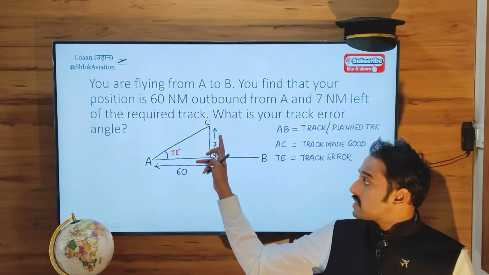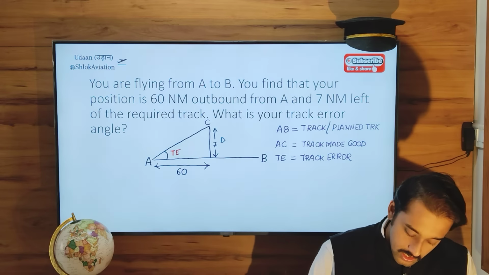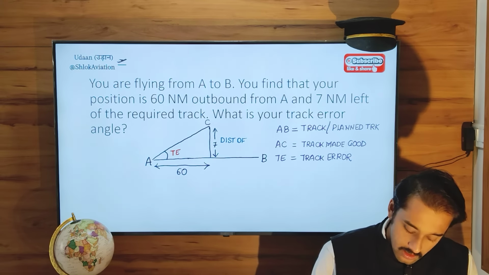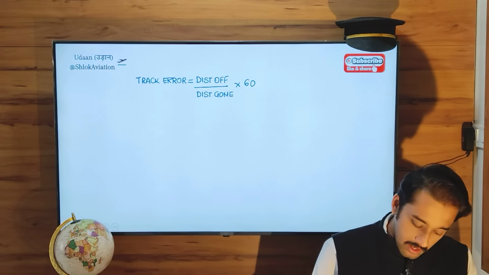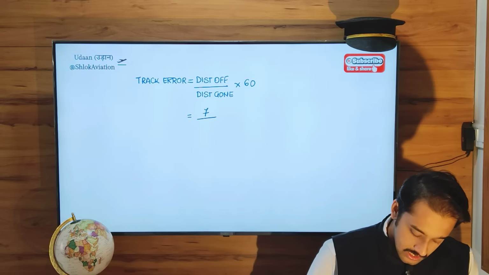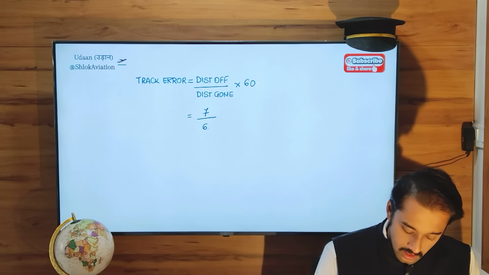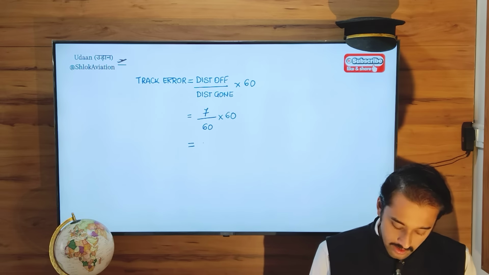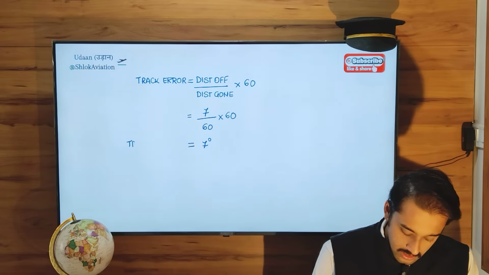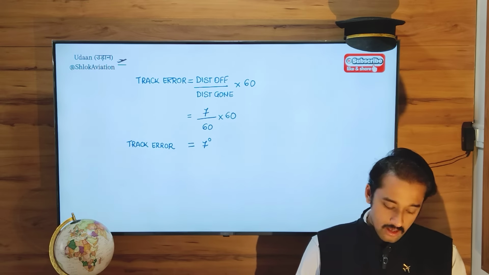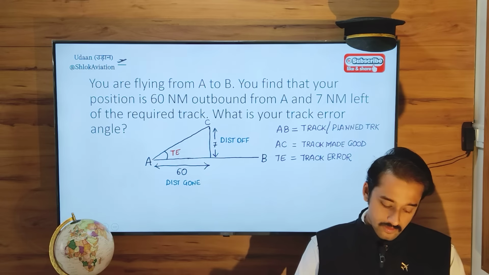This is your distance of track, which is 7 nautical miles, divided by distance gone, which is 60 nautical miles, into 60. So 7 into 60 divided by 60 is 7 degrees. So track error is 7 degrees. This is how you do this sum.